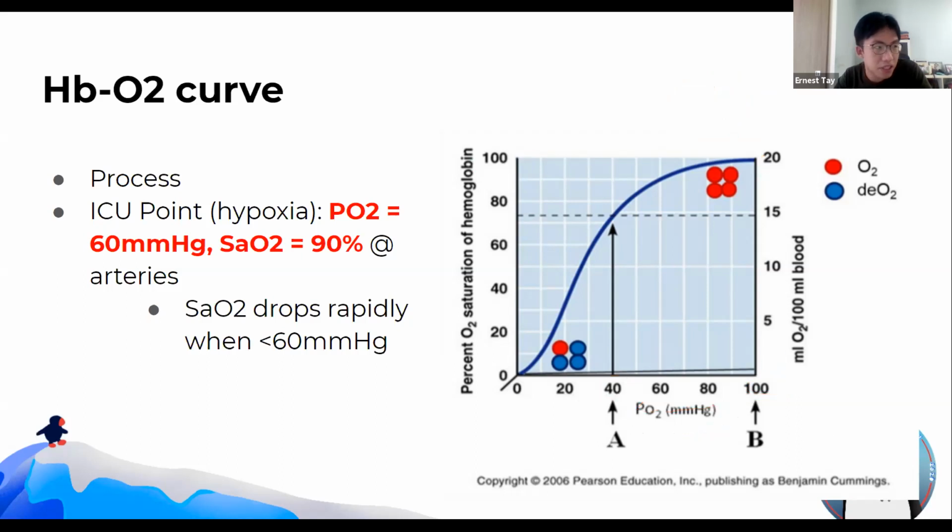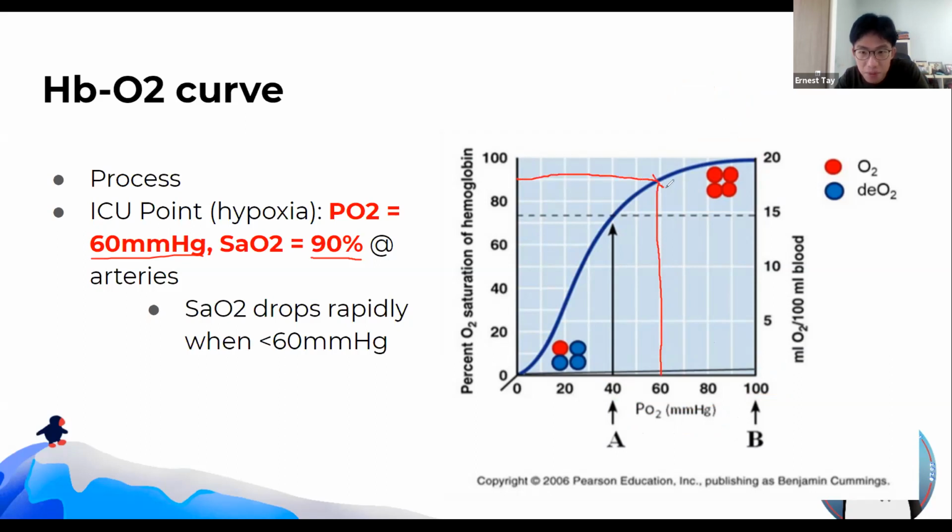The clinical relevance of this is what happens if you have hypoxia. Hypoxia is actually rather serious, and the reason why we get these values is because let's just plot it out over here. So 60 millimeters of mercury and 90% saturation of oxygen.